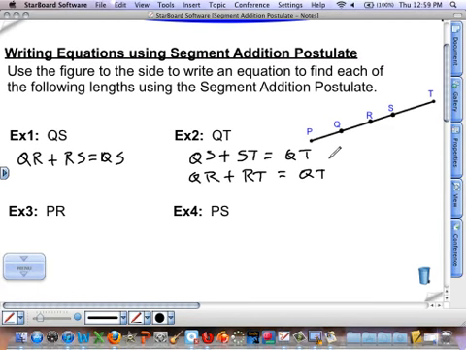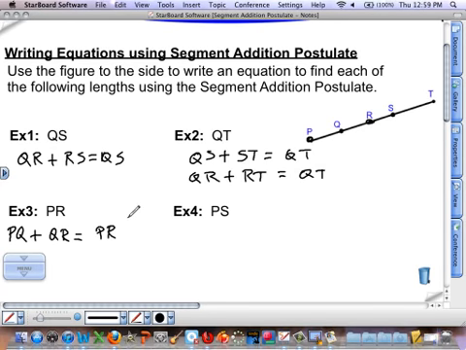All right, what about PR? Brian, what do you think for PR? Okay, we're just doing the segment from P. PQ and QR. PQ added to QR makes PR.